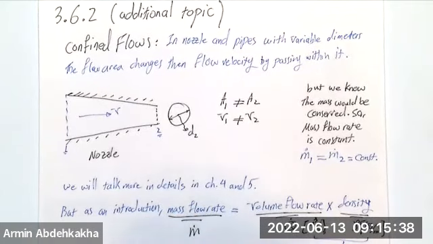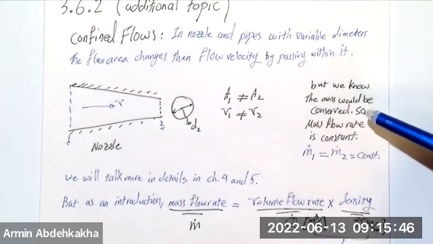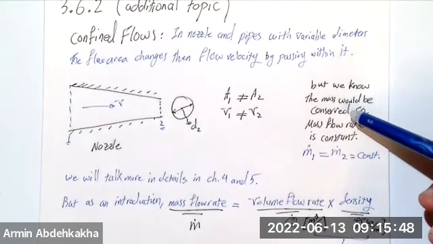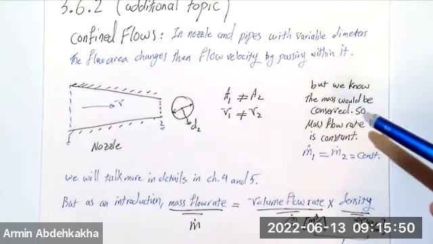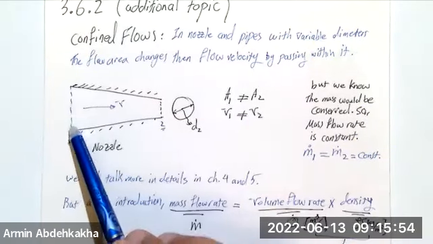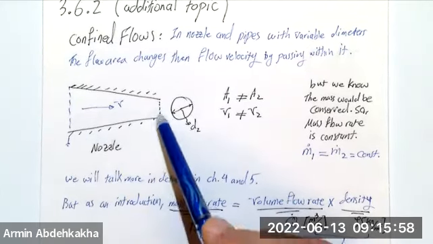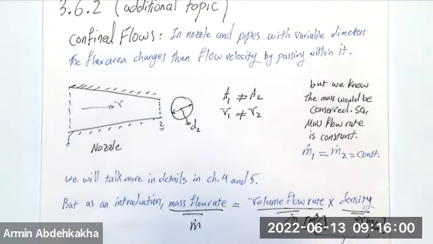We'll talk about that more in chapter 3, chapter 4 and 5, but just know that the rule for that, we know that the mass would be conserved, meaning that the mass you have here of a box of flow has to be here. It's not dissipated, it's not generated, so the mass is conserved.